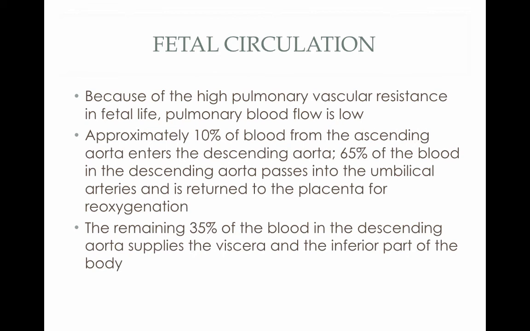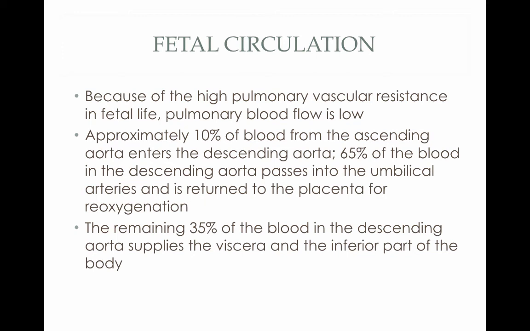And again, that 10% of blood from the ascending aorta enters the descending aorta, and 65% of the blood from the descending aorta passes into the umbilical arteries and is returned to the placenta for reoxygenation. The other 35% of the blood in the descending aorta supplies the viscera and the inferior parts of the body as they develop.